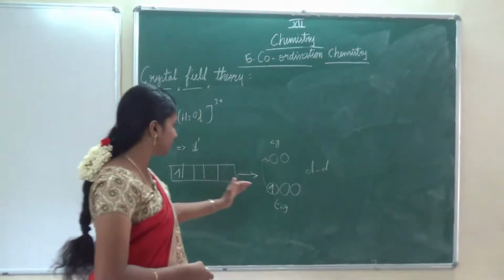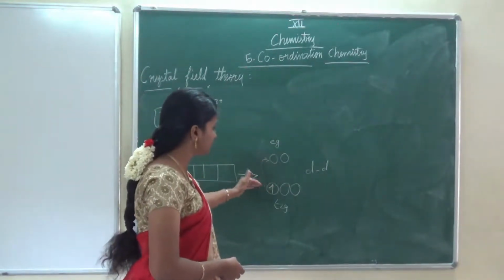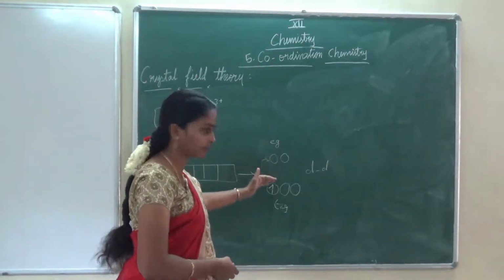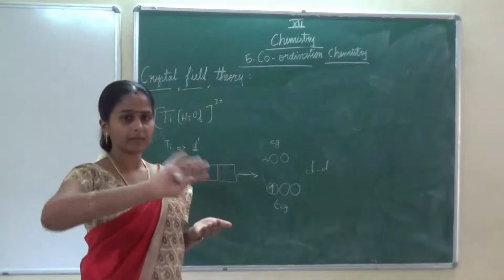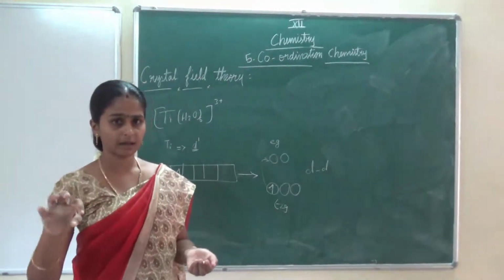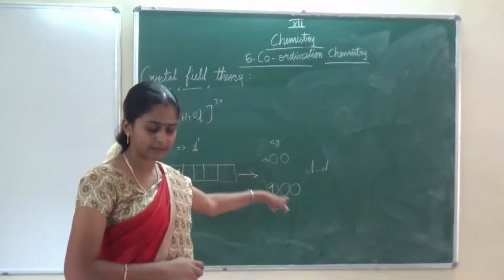So it is jumping from one orbital to another orbital, t2g to eg. Here it absorbs the light, and again it will come down. During that time it will emit the energy: absorb energy and emit energy. Based on how much energy is released, that is the crystal field splitting energy.